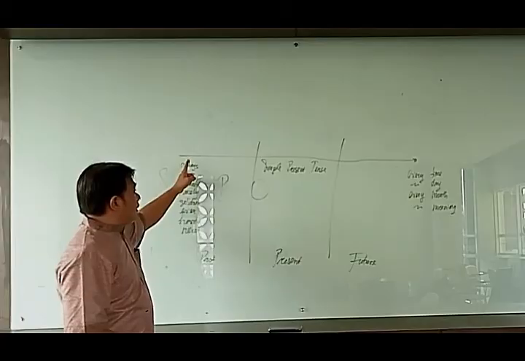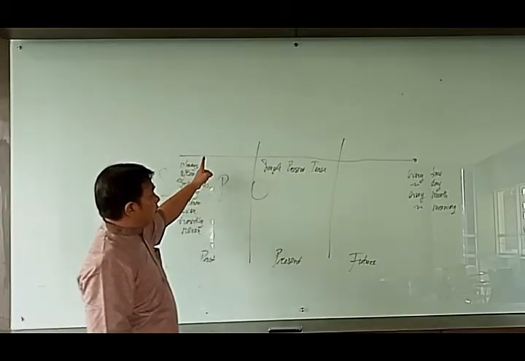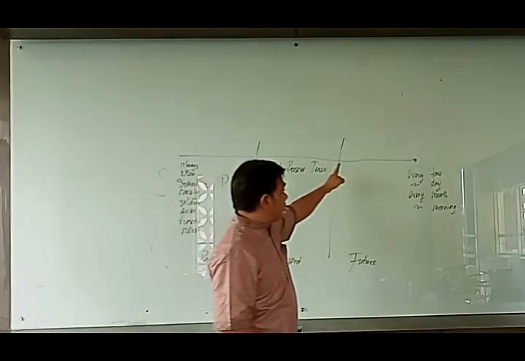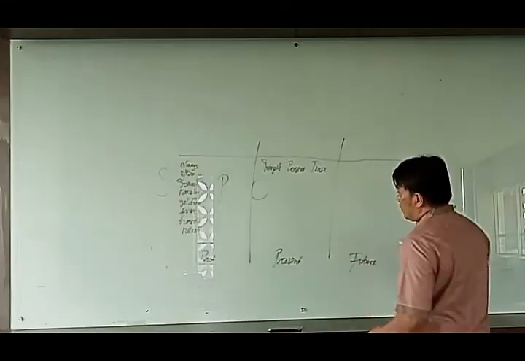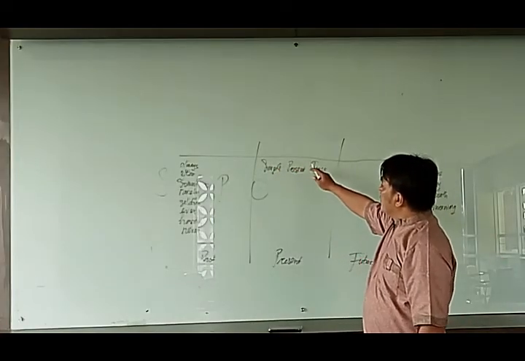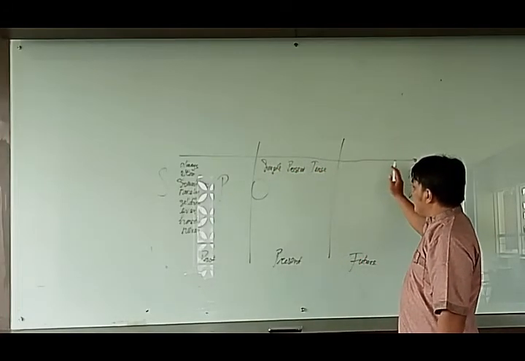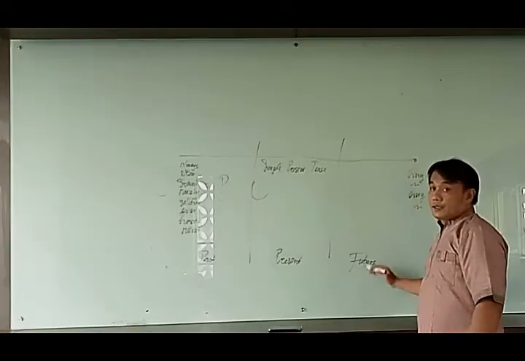So I already made time scale like this, from the past, and then the present still happened, and also for the time at the future.